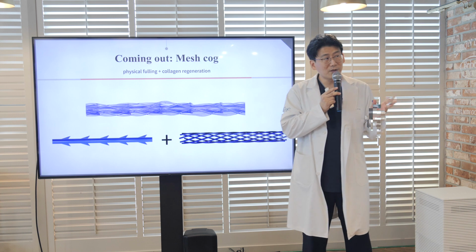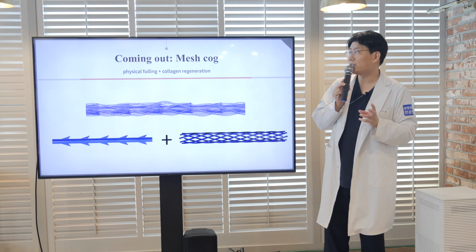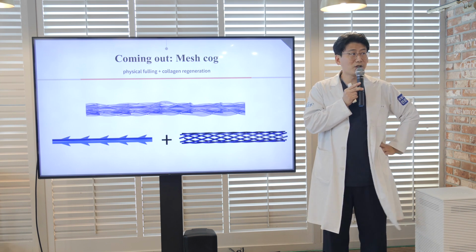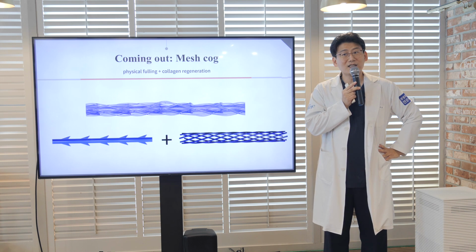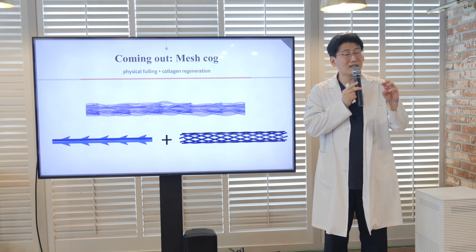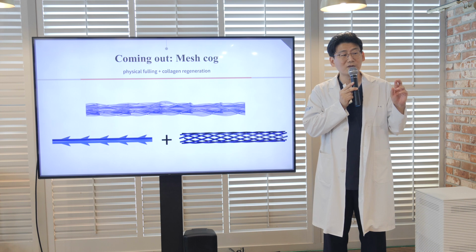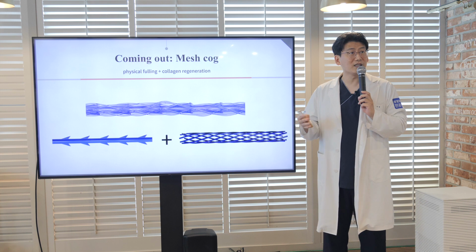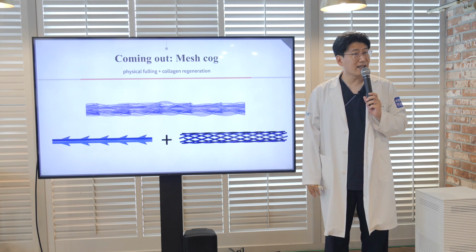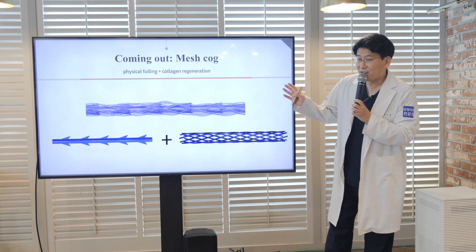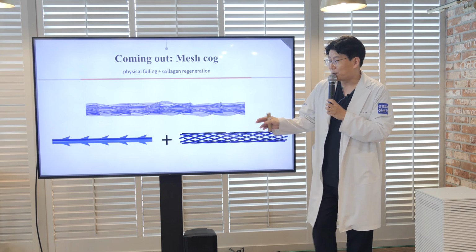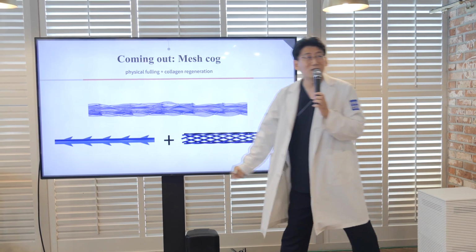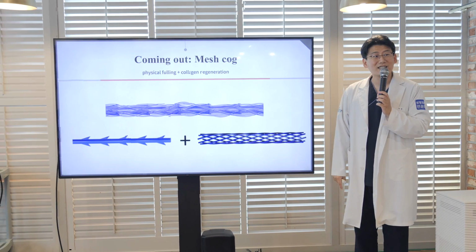Furthermore, I'd like to briefly introduce the new model, which is also called mesh cog. It's not certified yet. I heard that the certification is ongoing in your country. You can use this thread in a few years, I think. It's the combined form of sculpted cog and scaffold type thread.